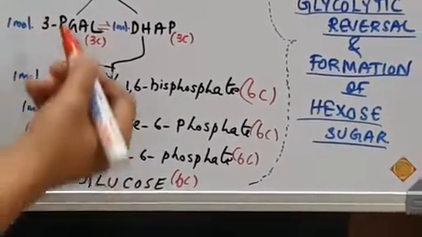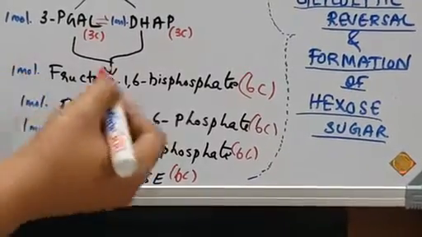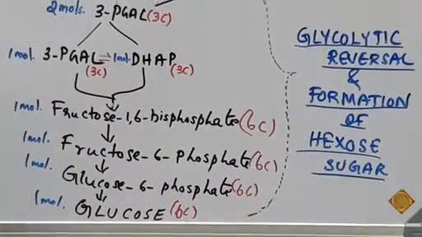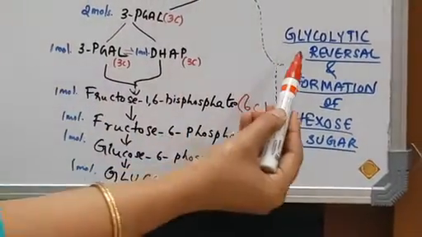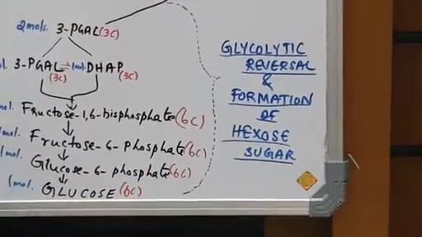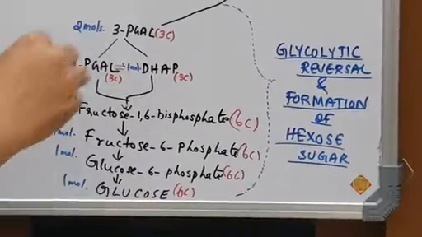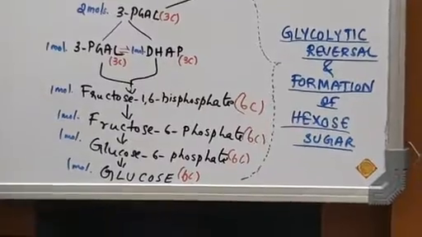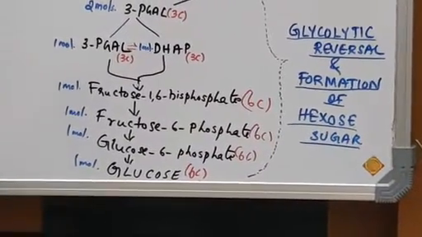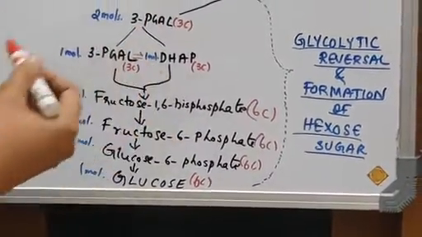These reactions are simply the reverse process of glycolysis of cellular respiration. That is why this phase is known as glycolytic reversal and formation of hexose sugar. By this reversal of glycolysis, hexose sugar is formed in the Calvin cycle from these 2 molecules of 3-PGAL.